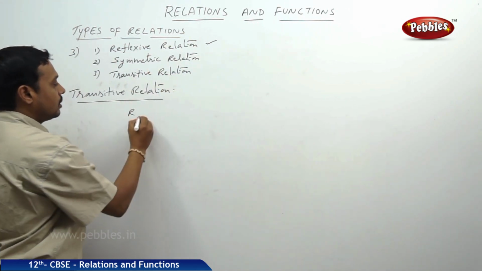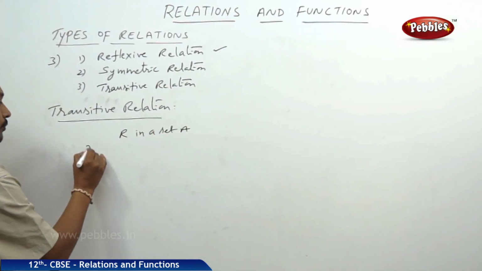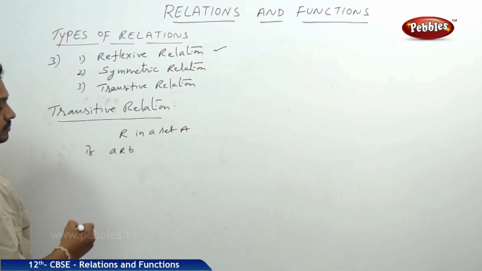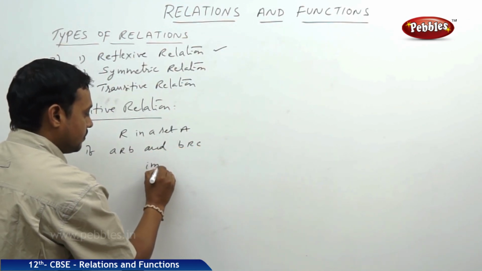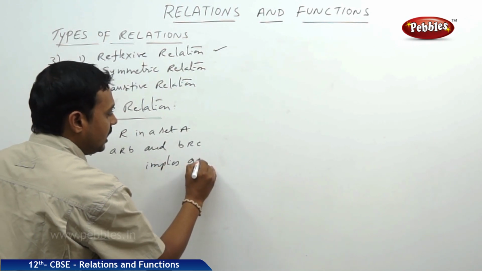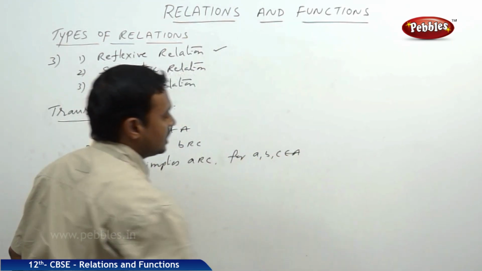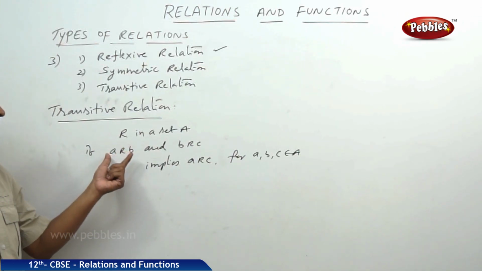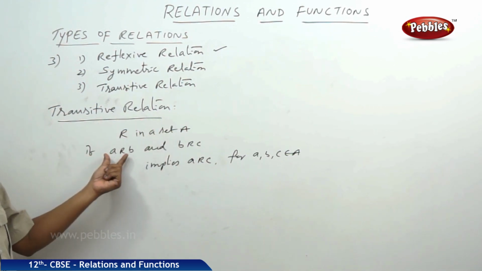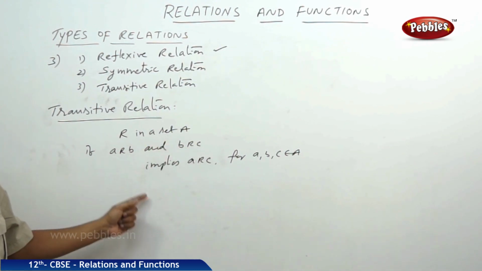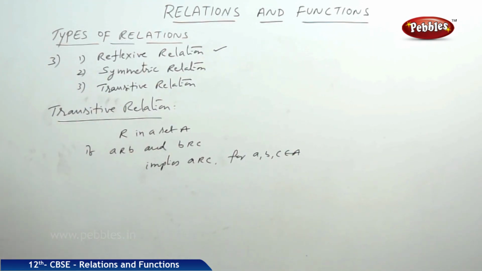A relation R in a set A is said to be a transitive relation if A related to B and B related to C implies A related to C, for a comma b comma c belongs to the set A. So once again I repeat, the relation R is said to be a transitive relation in the given set A when A related to B and B related to C implies that A is also related to C. Then that relation is known as a transitive relation.